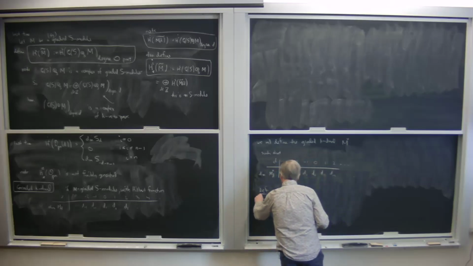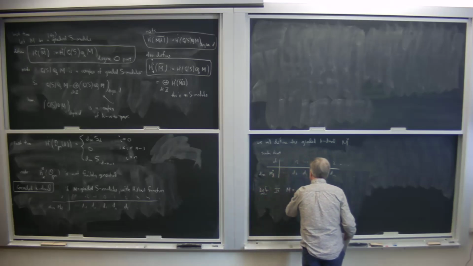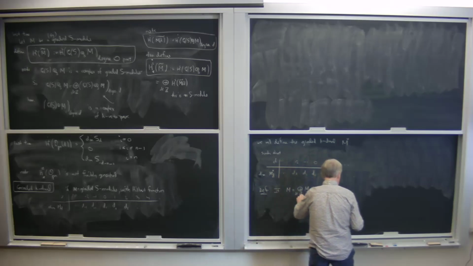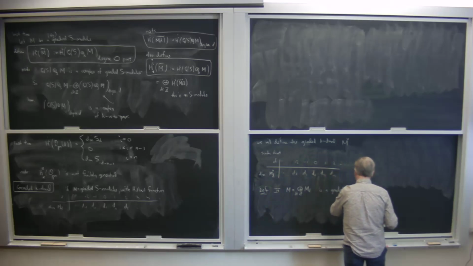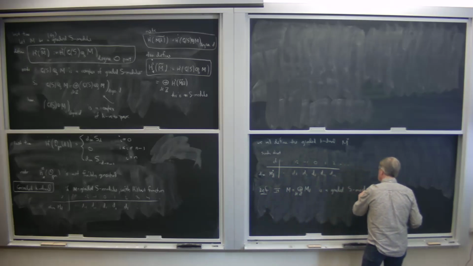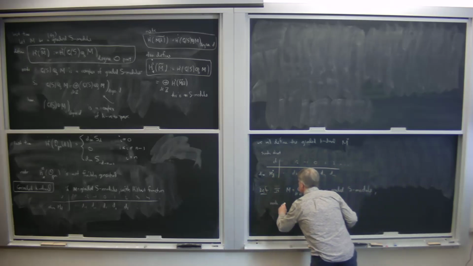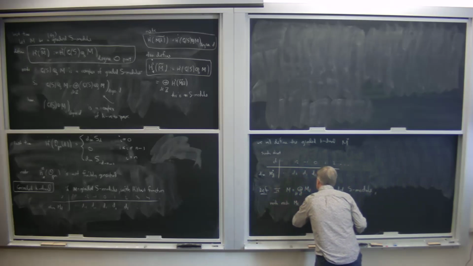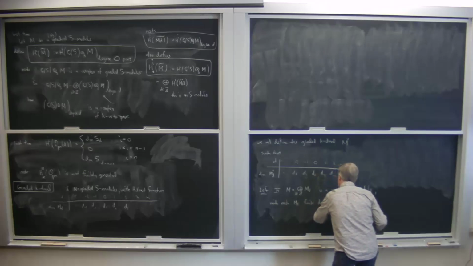So definition: if M is equal to the direct sum of M_d for d in Z, a graded S module with each M_d finite dimensional over K.